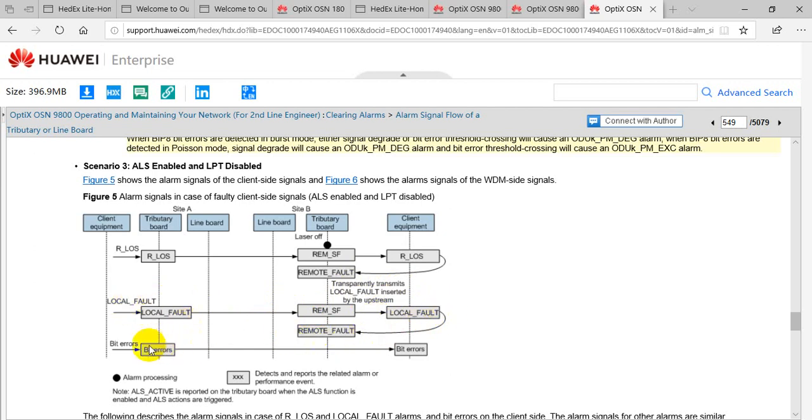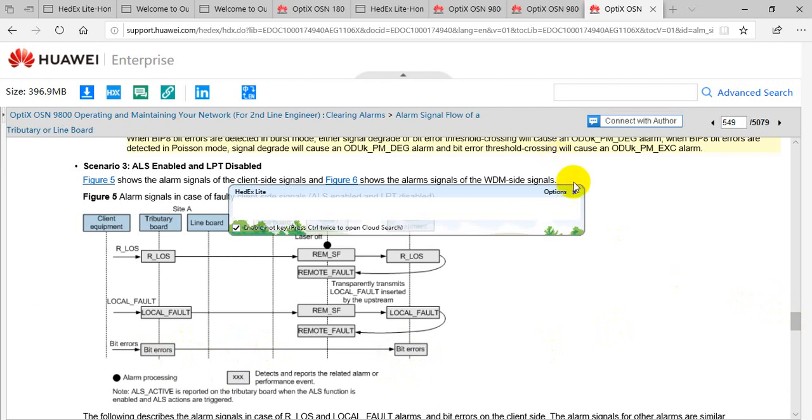Okay. So I think in the upper scenario we missed the bit error, but that can be covered here, which is SIM. So if we get errors from the client, the bit errors will be detected, and if we configure based on that, an alarm will be triggered, otherwise not. And in the B downstream direction, it is transparently transmitted.